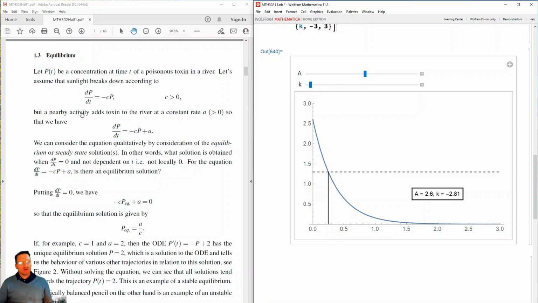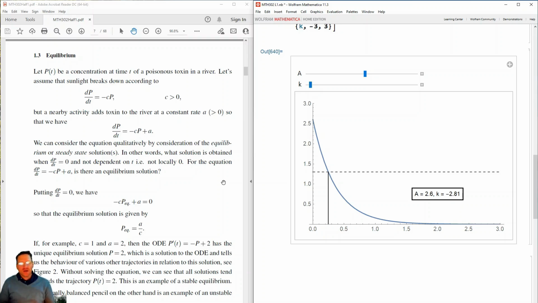Okay, but a nearby activity, suppose, adds toxin to the river at a constant rate, A, let's assume that's positive, so that we have, in reality, the rate of change is equal to minus Cp plus A. So more is being added to it.